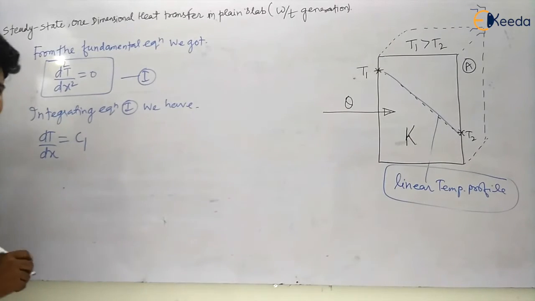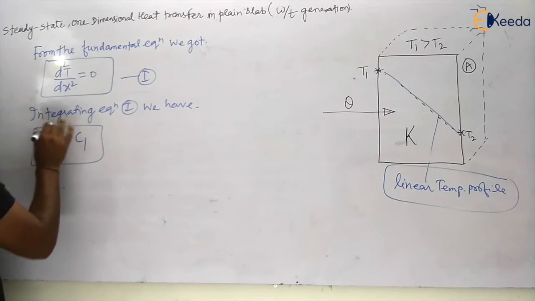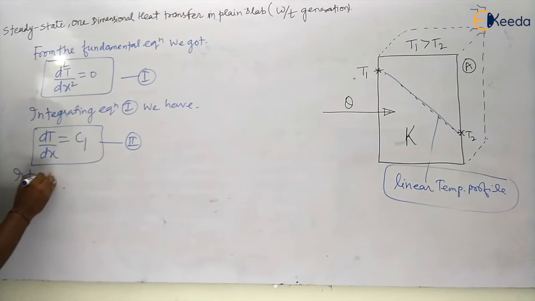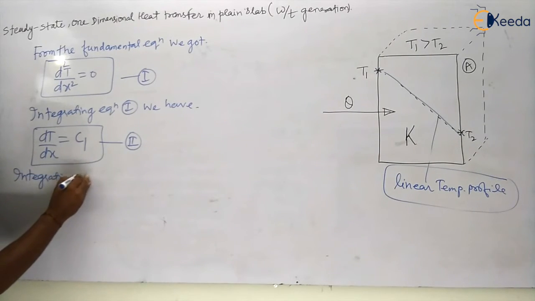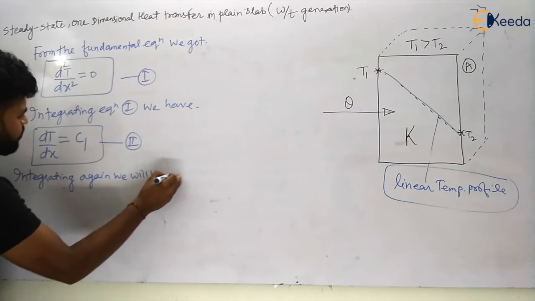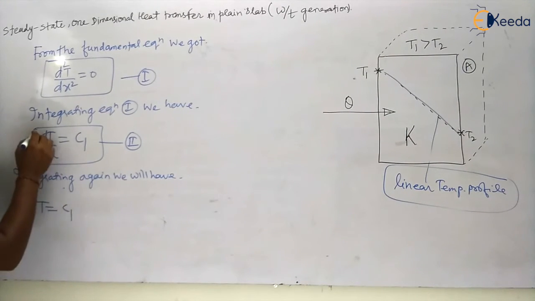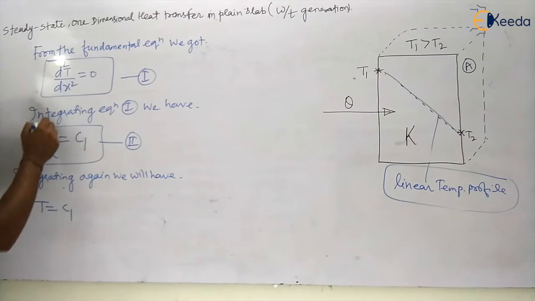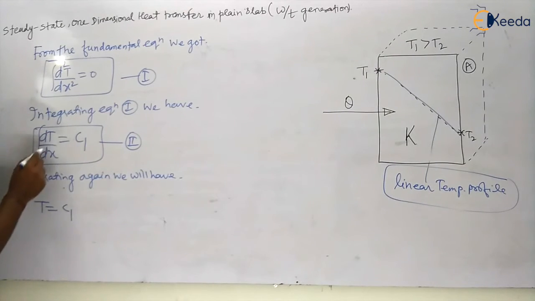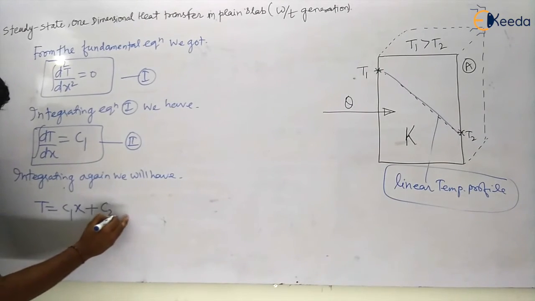One constant will be there, so let us say this is equation number two. Now integrating again, we will have T is equal to C1 into x, plus there will be some constant C2.